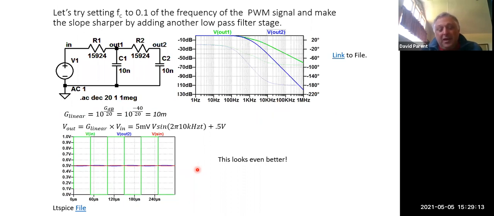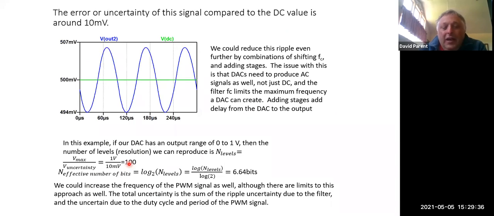Now you can make a second order filter out of resistors and capacitors, but they're kind of difficult to analyze. But this one is attenuating frequencies at one rate. This is attenuating them even higher. And you can see that the ripple is even smaller. And what is that ripple?